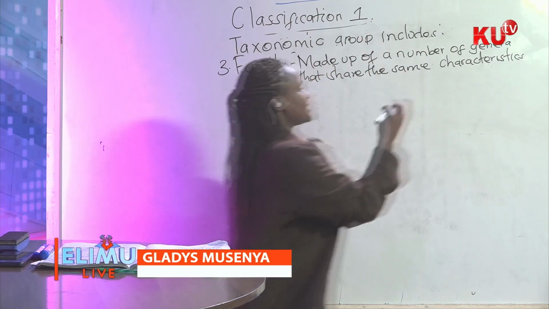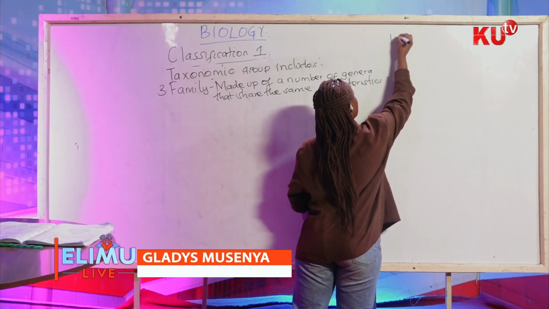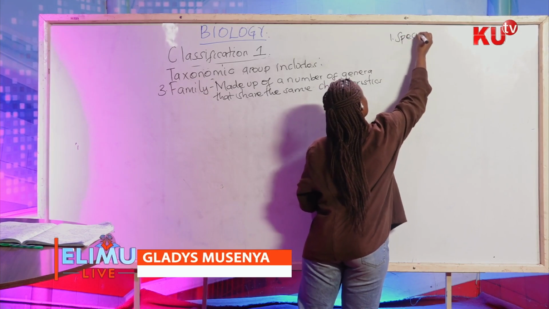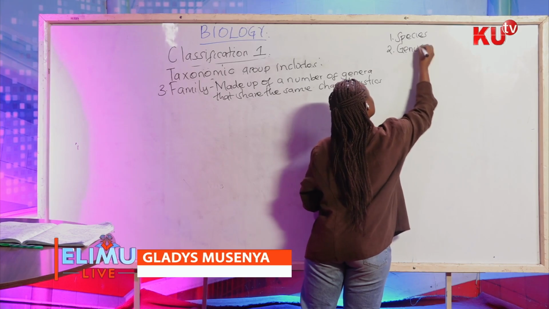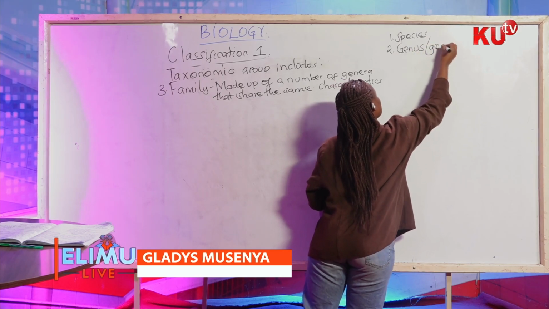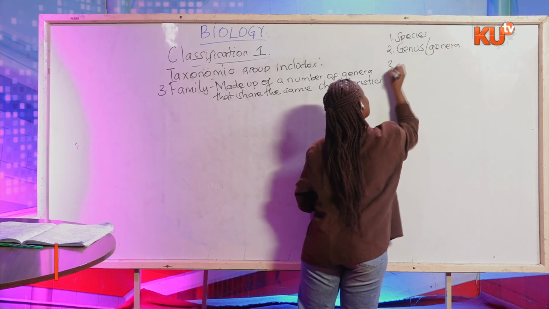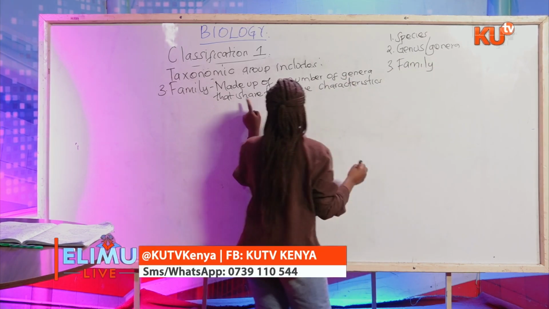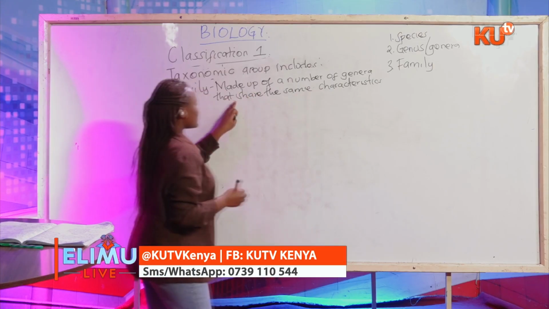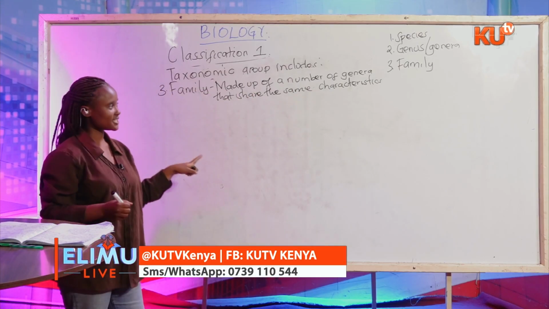We had species, we had genus, or genera, and now we have the third one, which is family. It is made up of a number of genera that share the same characteristics.